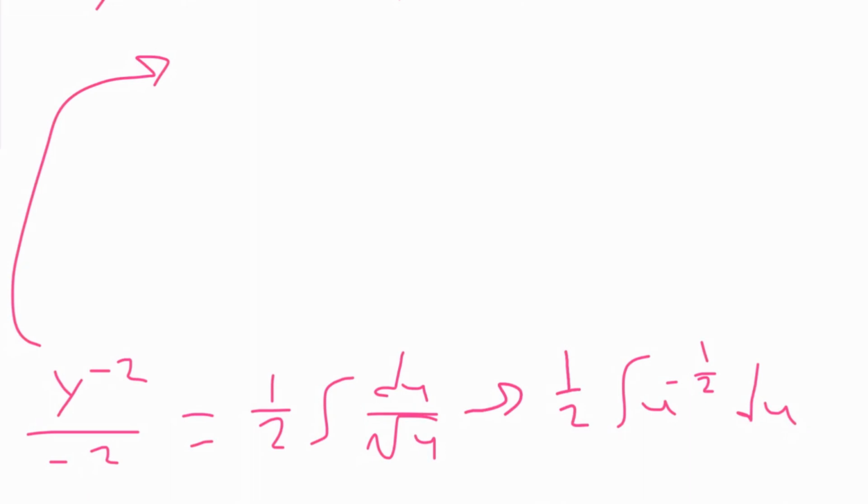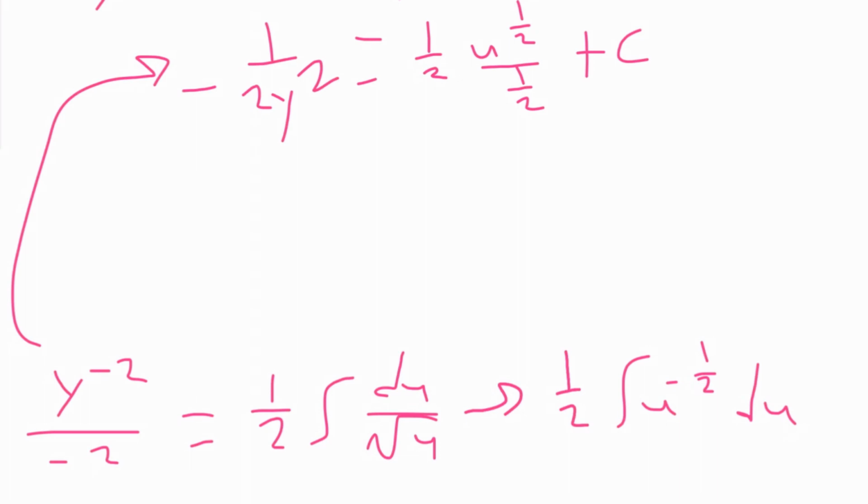So let's rewrite this whole thing as minus 1 over 2y squared, which is equal to 1/2 u to a half over a half, and then plus c. That's because we integrated u to the negative a half, so negative a half plus 1 over negative a half plus 1, which is just a half. So this is how we got this part. And then these two halves cancel.